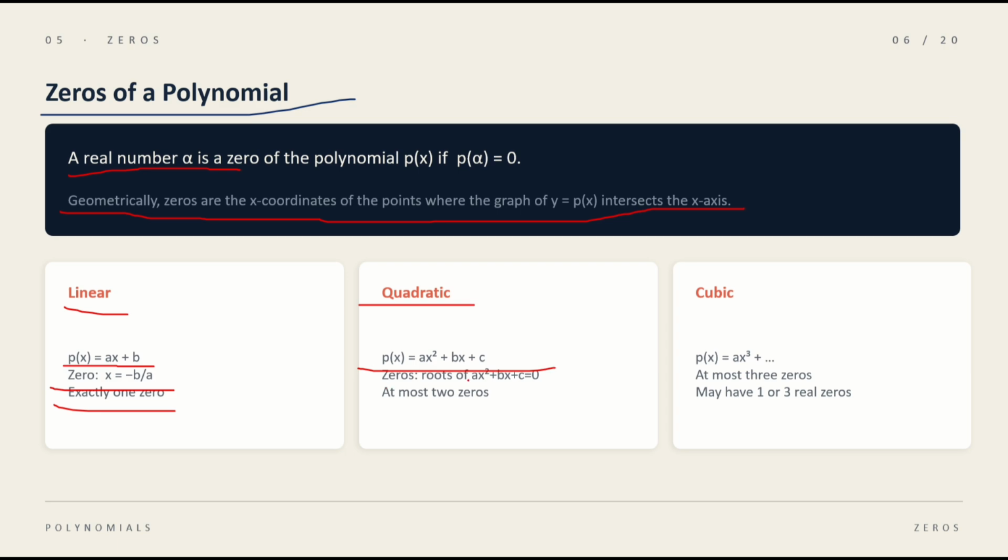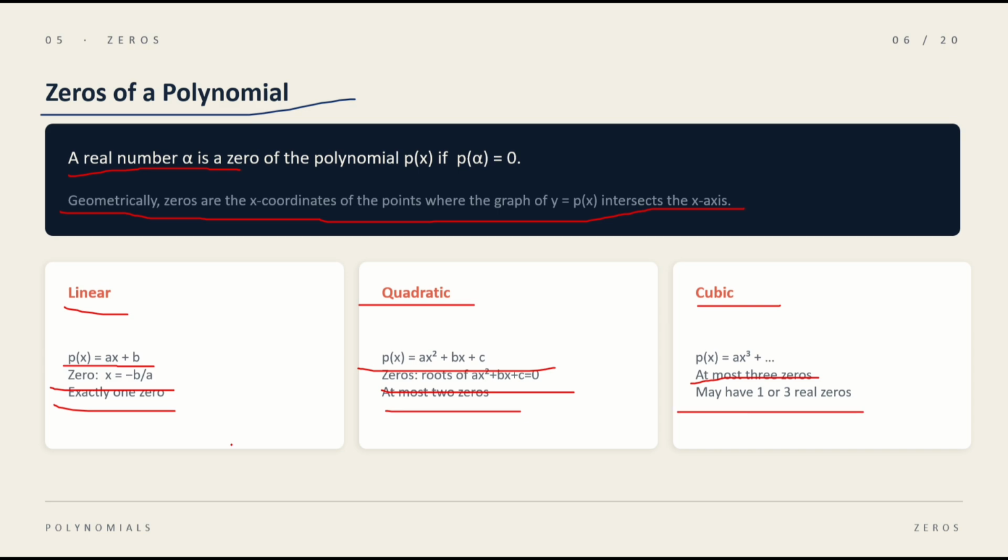The maximum number of zeros is 2. For a cubic, p(x) = ax^3 + bx^2 + cx + d, the maximum number of zeros is 3. It may have 1, 2 or 3 real zeros.